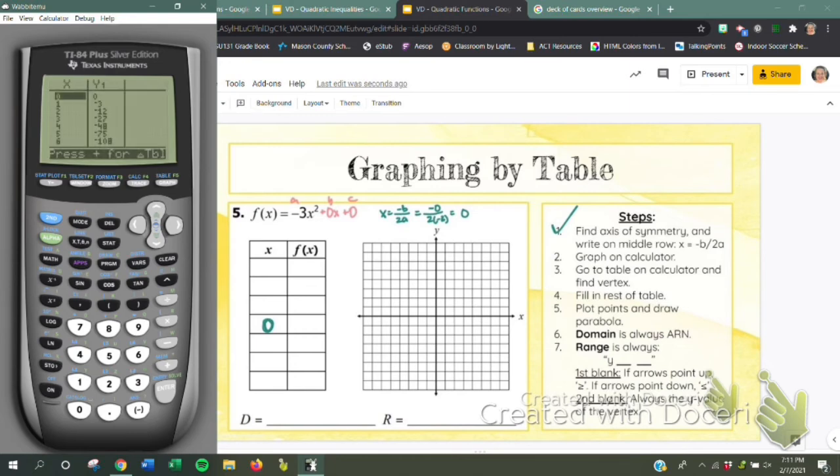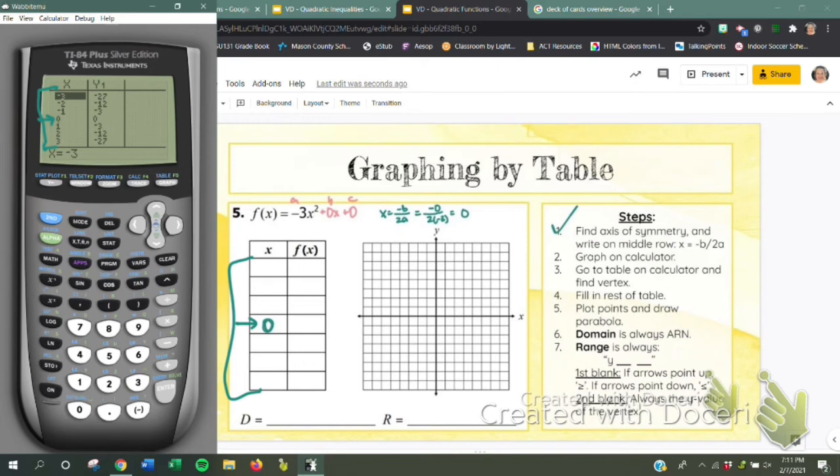All right, so we have all of our x and y values. Now we want to make our table look like our table on our screen. So I just scrolled up in the x values. And if you look here, we have 7 choices and the middle one is 0.